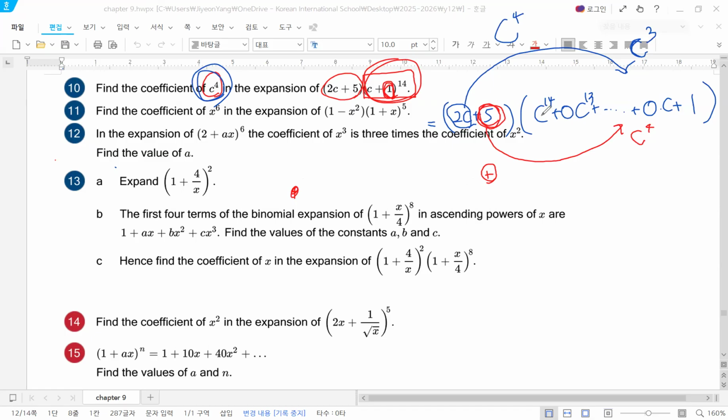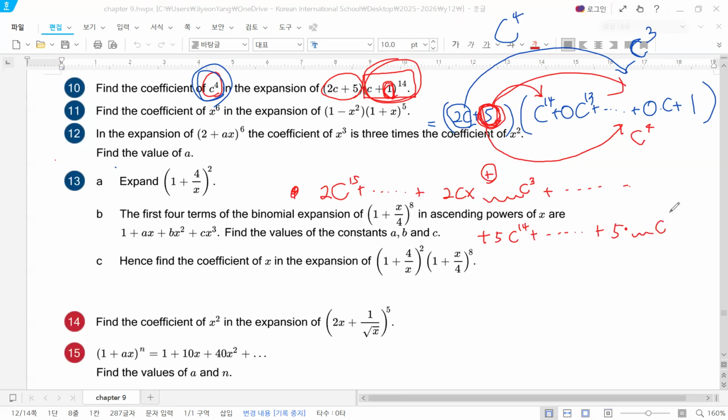So 2c times c to the power of 14 is going to be 2c to the power of 15, plus something, plus 2c times something related to the c cubed, plus something. Then plus 5 times c to the power of 14, so 5c to the power of 14, plus something, and then 5 times something times c to the power of 4, plus something.